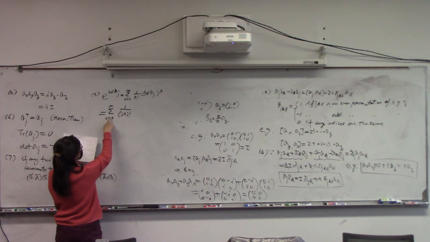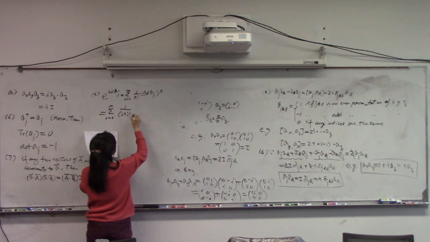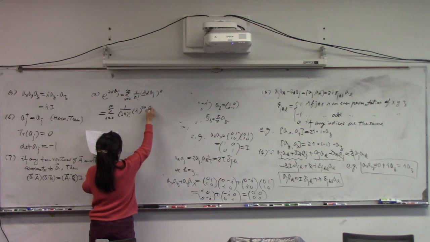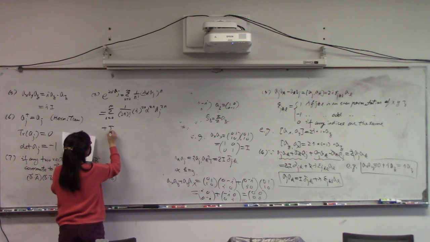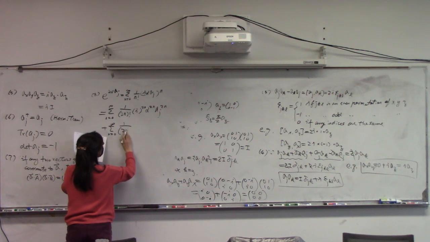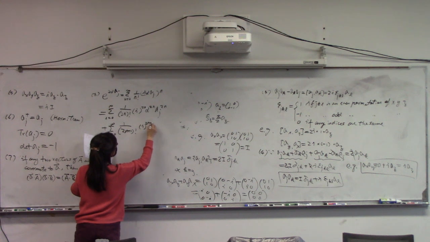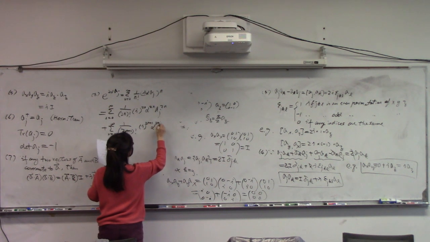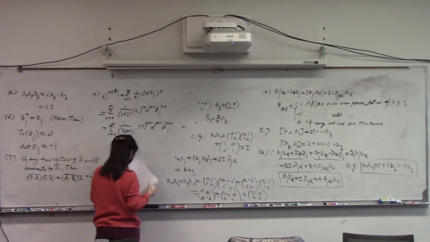If I select n from 0 to infinity, but for n any number, 2n is even, among them is even numbers, then here we have i to the 2n, alpha to the 2n, right? And sigma g to the 2n. And the remaining part is the odd numbers, 2n plus 1 factorial, i to the 2n plus 1, alpha to the 2n plus 1, and sigma g to the 2n plus 1.